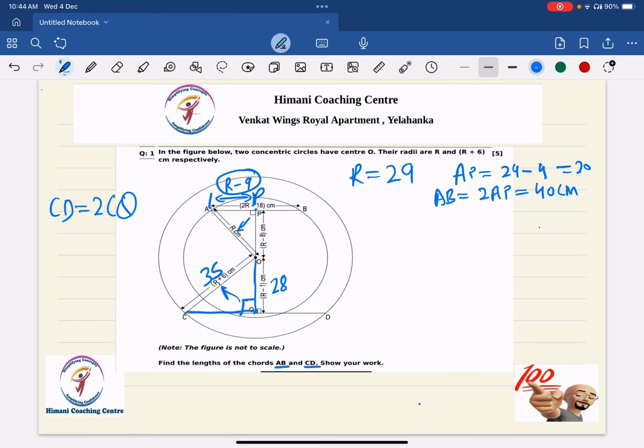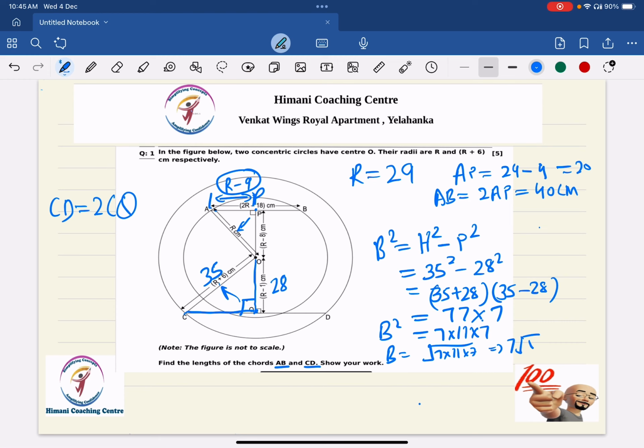Now you will find 35 plus 28 is 77. 35 minus 28 is 7. So we get 7 times 11 times 7 is b square. So b is square root of 7 times 11 times 7, which is 7 root 11.